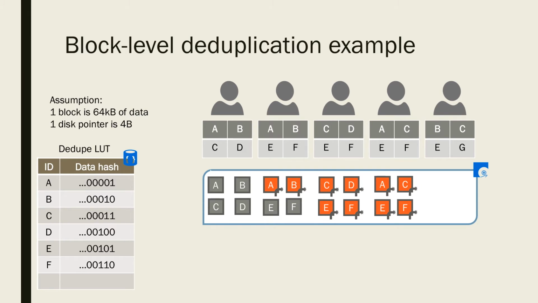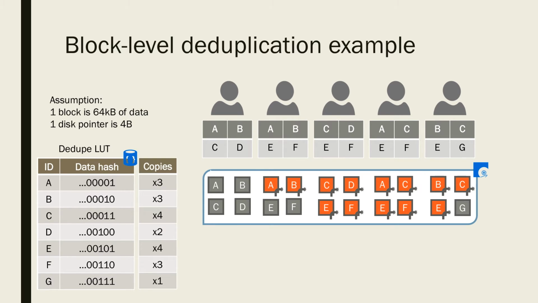And the last person has 3 blocks which are already registered in the lookup table and written on the disk, but one new data block G, which is now written in the dedup lookup table with its data hash and written on the disk, while the others only get their pointers.